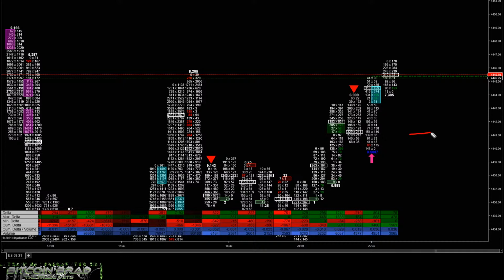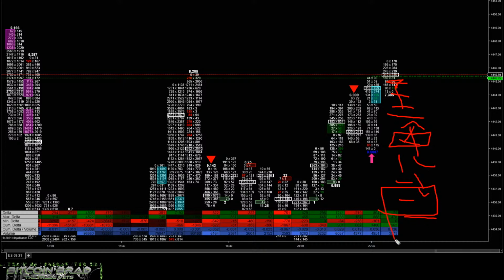So if there's a bunch of buyers sitting down here, and you're not finding any buyers up here, well, the market will auction down until it gets close to these buyers and see if these buyers want to step up. If these buyers keep moving their bids away, price will keep auctioning down until it finds a buyer that's going to step up and start bidding the market back up, right?